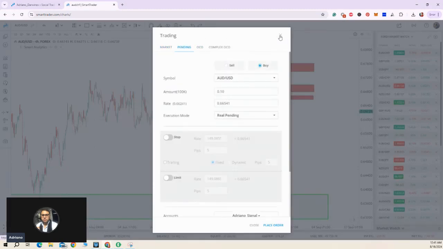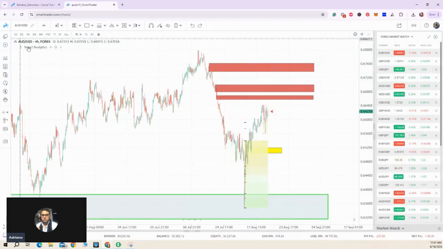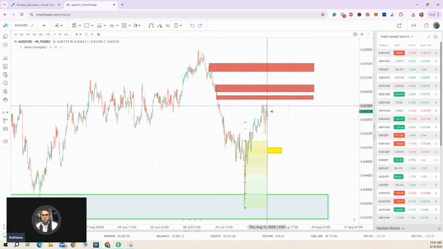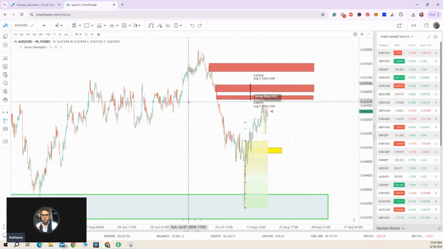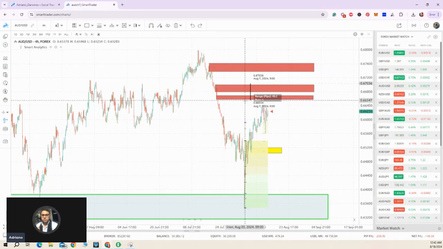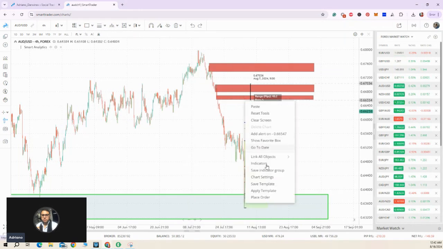Let me see. There are two zones close to each other. In this case, I just put my stop loss on the top of the second zone. Let me see the risk. So the risk is gonna be 48. I'm gonna give another 5 pips. 48 plus 5 is gonna be 53. Let's risk 53 pips.